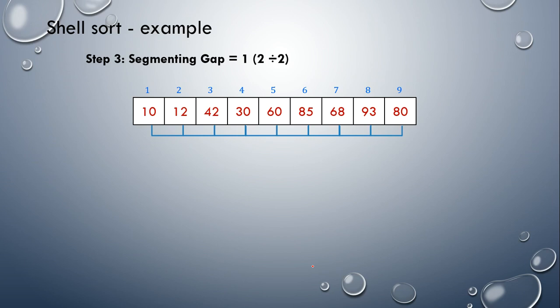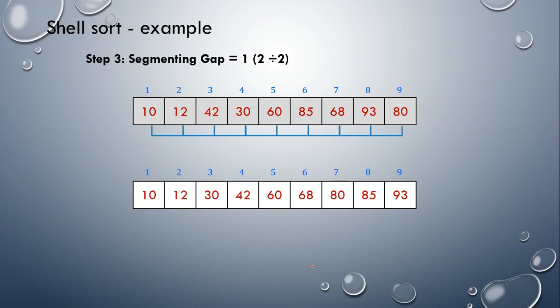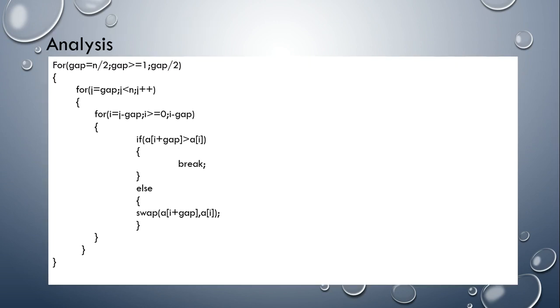Here 42 is larger than 30, so we change it: 30, 42, then 60. 60 is compared with 85, then 68, and then 93 and 80. Now adjacent elements are compared and then sorted. Here we get the sorted array. Now we have reached the gap of 1.